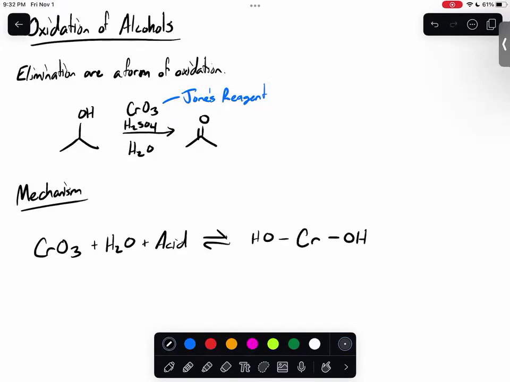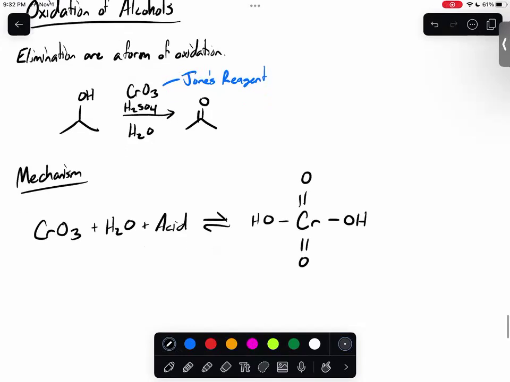And you'll notice it looks quite a bit like sulfuric acid, and that is because it is very similar. This is called chromic acid. All right, and chromic acid is the actual oxidant, right? So in this reaction, the true working reagent isn't shown there, but it's formed from these three coming together.